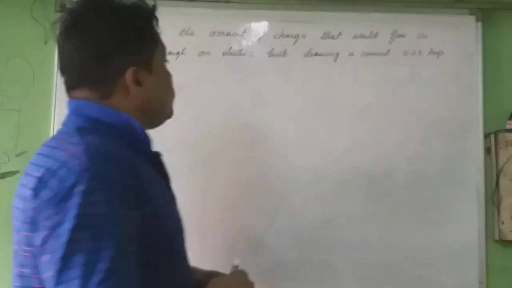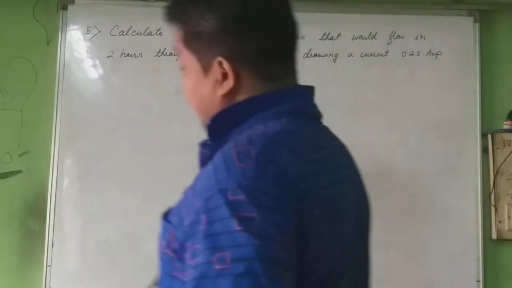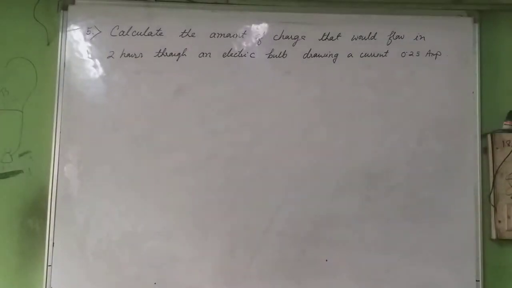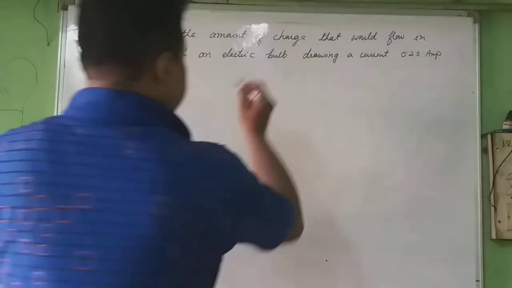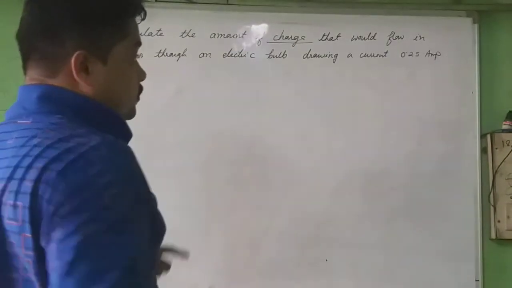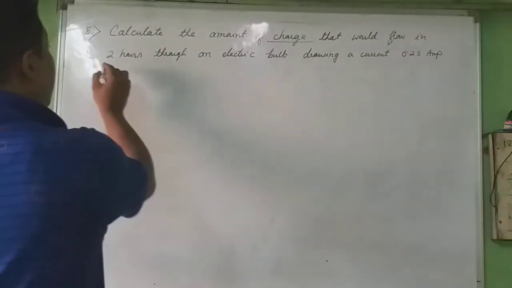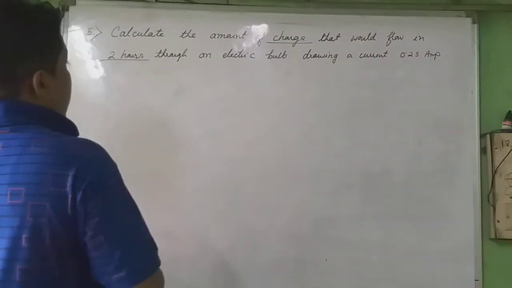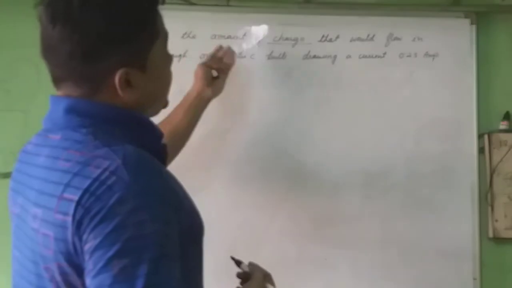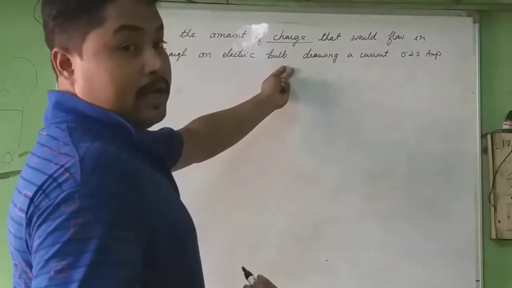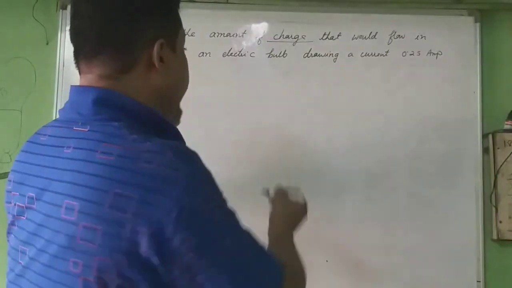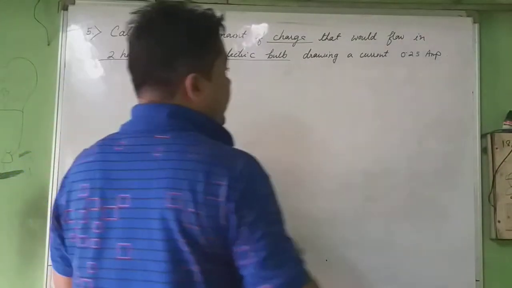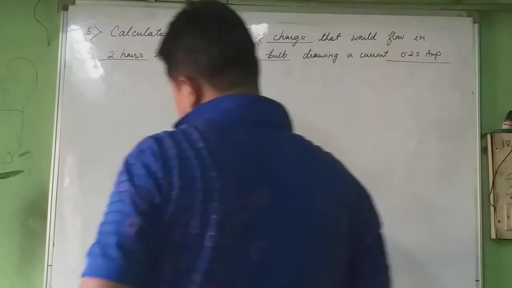Okay, so this is the question. Calculate the amount of charge that will flow in 2 hours. Time t is 2 hours, through an electric bulb. What is the circuit element? Electric bulb, drawing a current of 0.25 ampere.